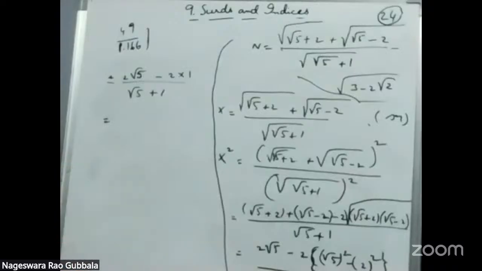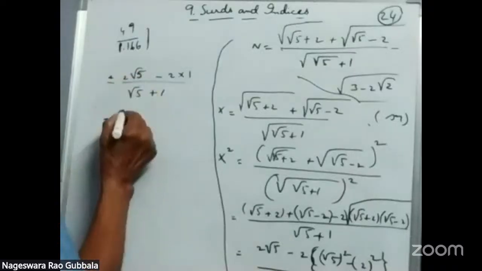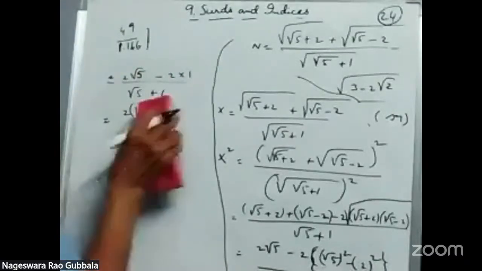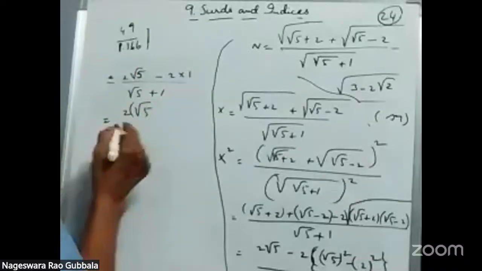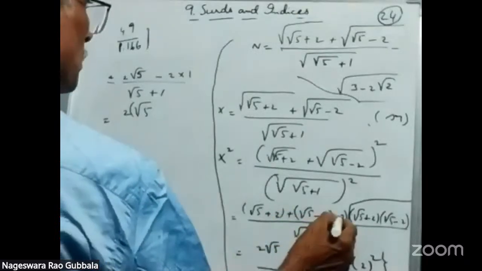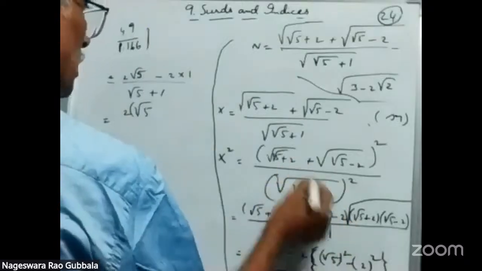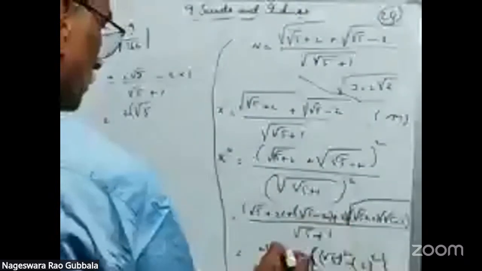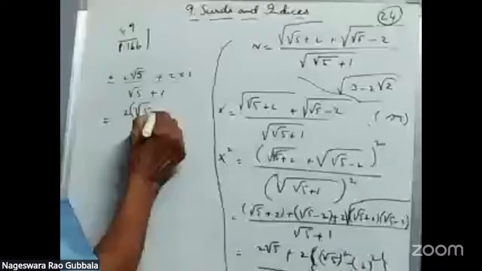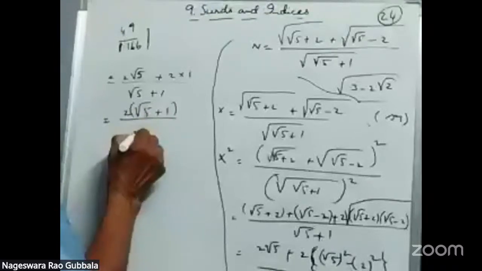Divide, 2 is common here: root 5 minus 1, a square plus b square plus 2ab, this one plus only. 2 common, root 5 plus 1 by root 5 plus 1 denominator.